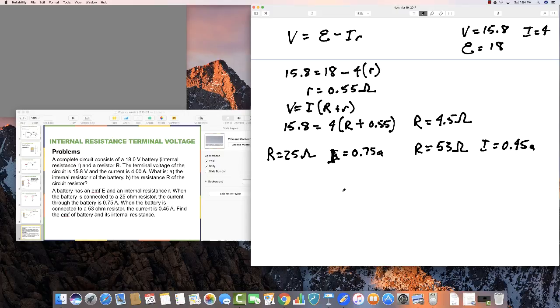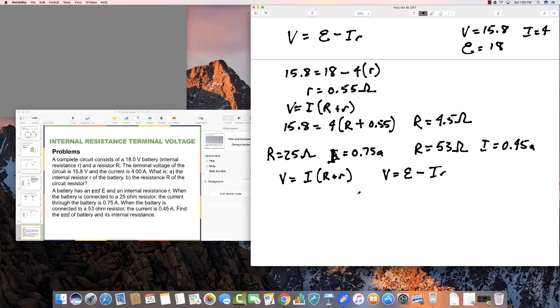Well, we know that V is equal to I times R plus little r. And we also know that V is equal to E minus Ir.